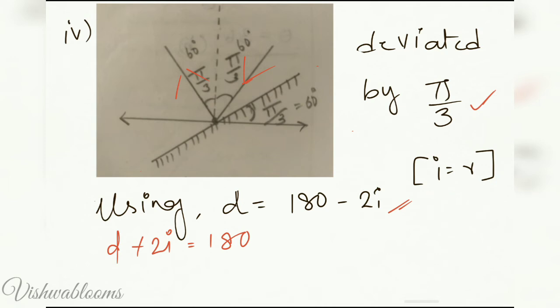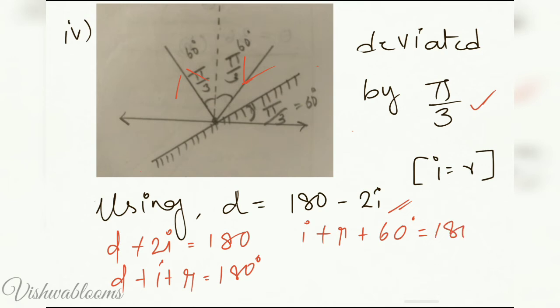So 2i is nothing but i plus i, and instead of one i, I can write one i and one r, because both are equal. Both are the same thing, right? So now D plus i plus r is equal to 180 degree. Now we know only D, that is 60 degree. So let's write i plus r plus 60 degree is equal to 180 degree.